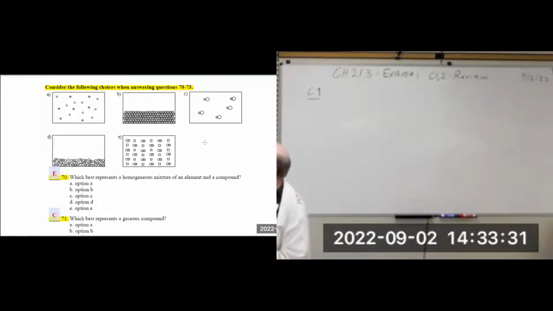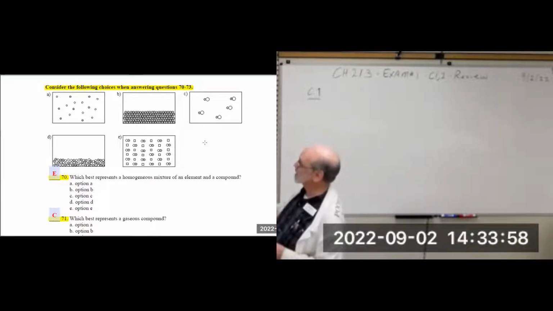And the distance between them indicates what? It's a gas, right? So you got a mixture of elements in a gas.